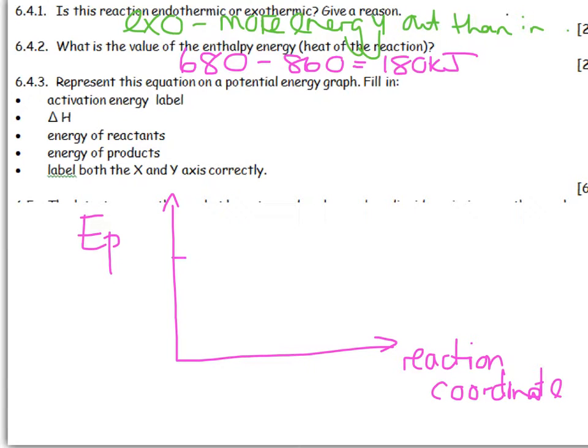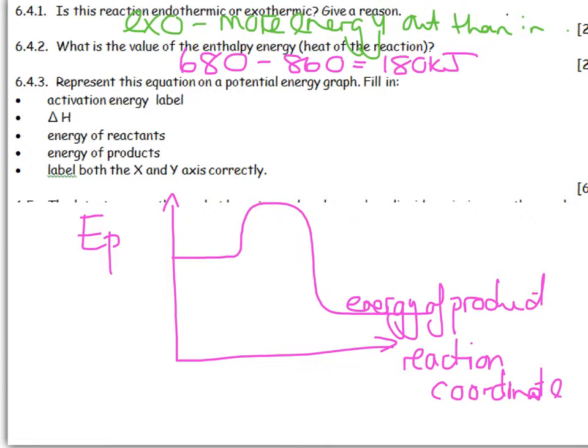If it's an exothermic graph, I need to have less energy in the products than in the reactants. Energy of products is at the end. The end is the product, and energy of reactants is what we start with.